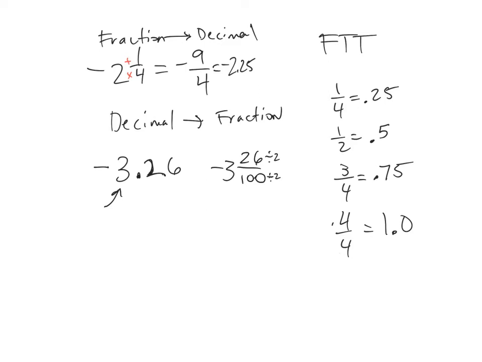So that would be 13. So that would be -3 and 13, not 12, 13 over 100 divided by 2 is 50. That is simplified. 13 is prime, and it does not go into 50. So that's the conversions.